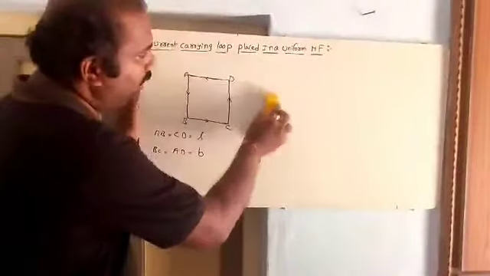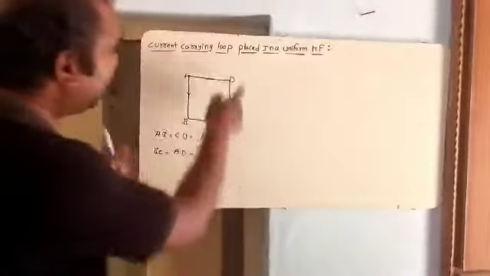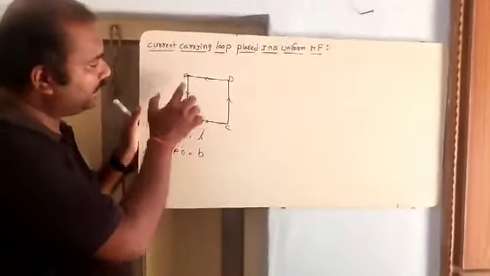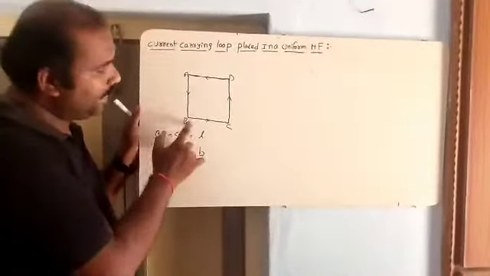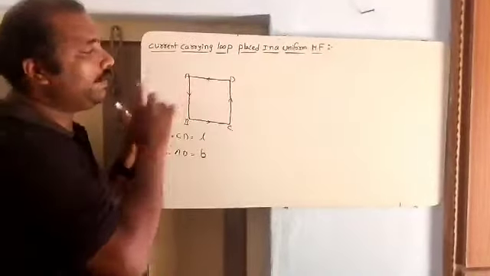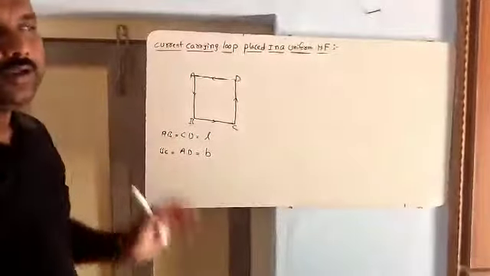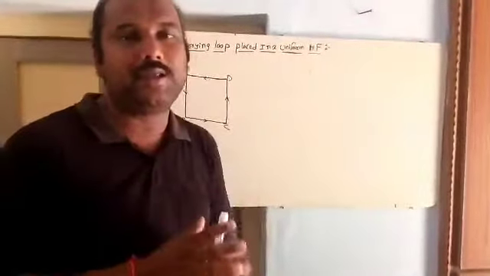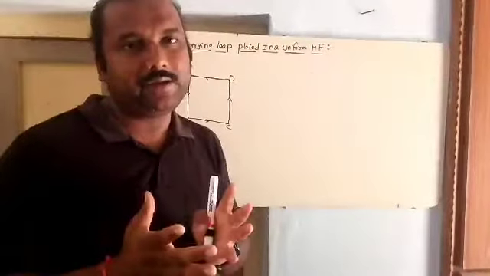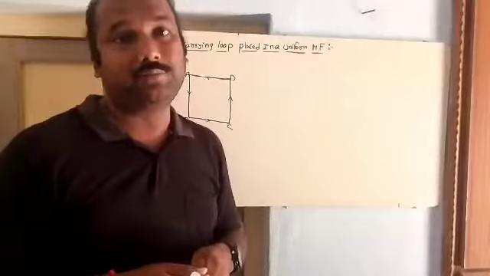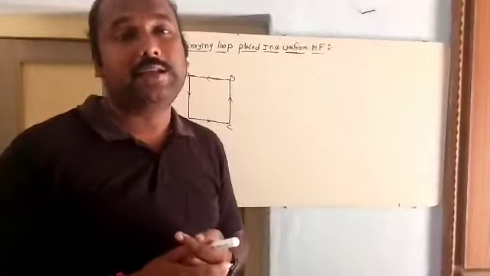Now here this rectangular loop I am considering as 4 conductors. AB is one conductor, BC is the other conductor, CD is the other conductor, and DA is the other conductor. If such a loop is placed in a uniform magnetic field, those 4 conductors will experience a force, but the direction of force is different.